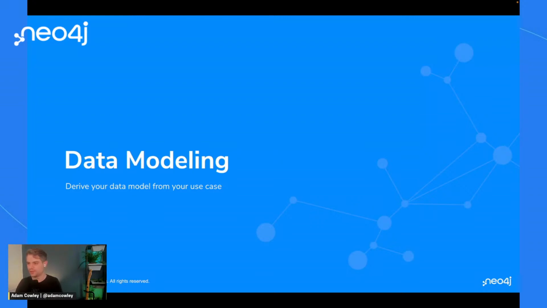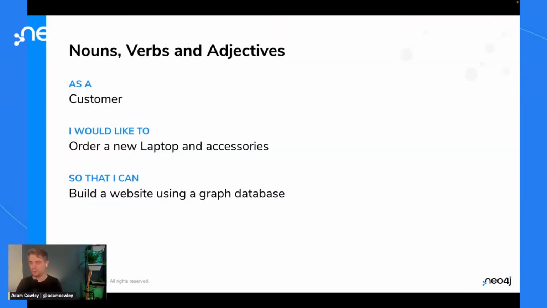So you'd have some problem statements, or a product specification, something that you can extract your data values from. And what we recommend is to look at the nouns and the verbs and the objectives that you have in your problem statement, or in this case, a user story, to drive the graph model.